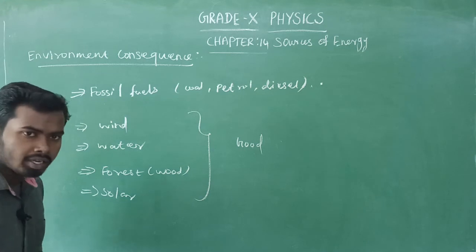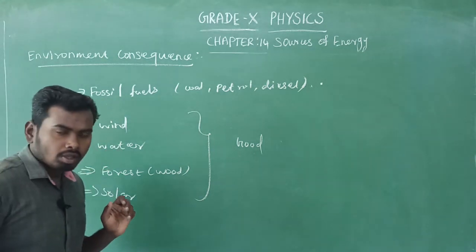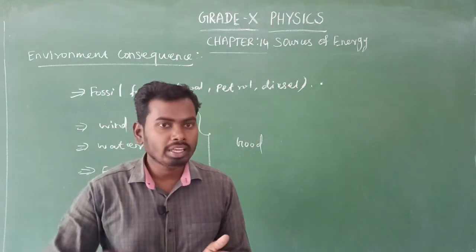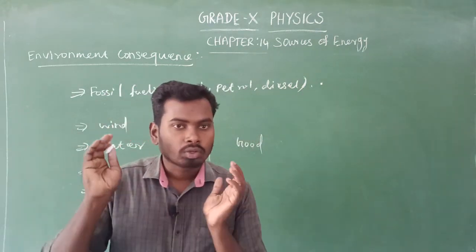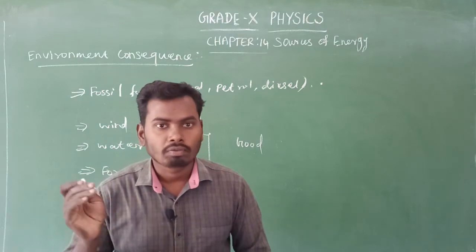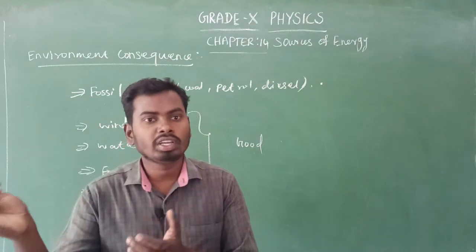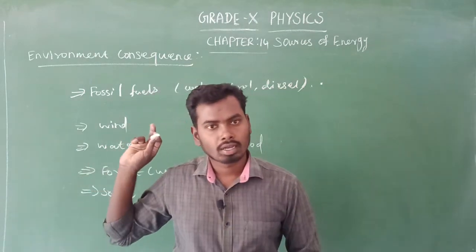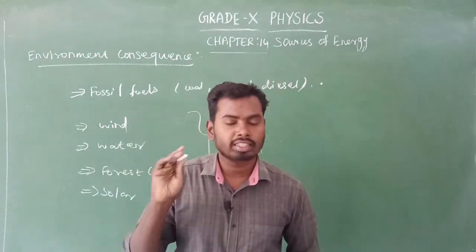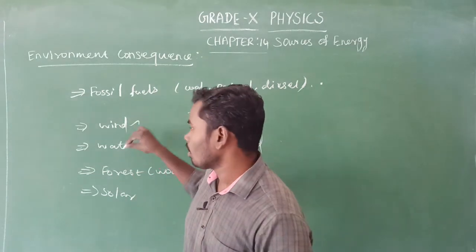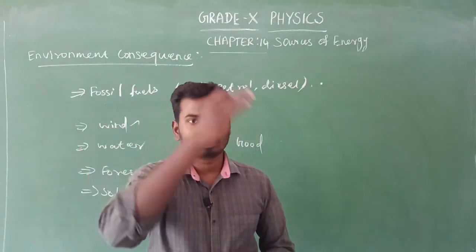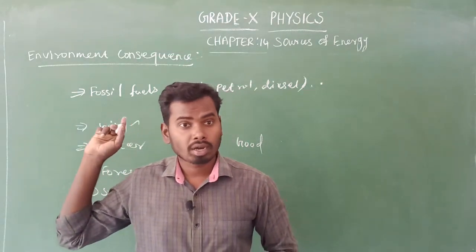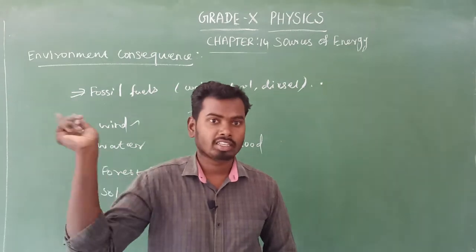Yes. But for wind energy, to make the equipment, we are polluting. For example, wind energy, which means electric energy, is generated by propellers. You might have seen the propellers, especially in Tirunelveli district, Ramnad, Kanyakumari districts, and those regions.